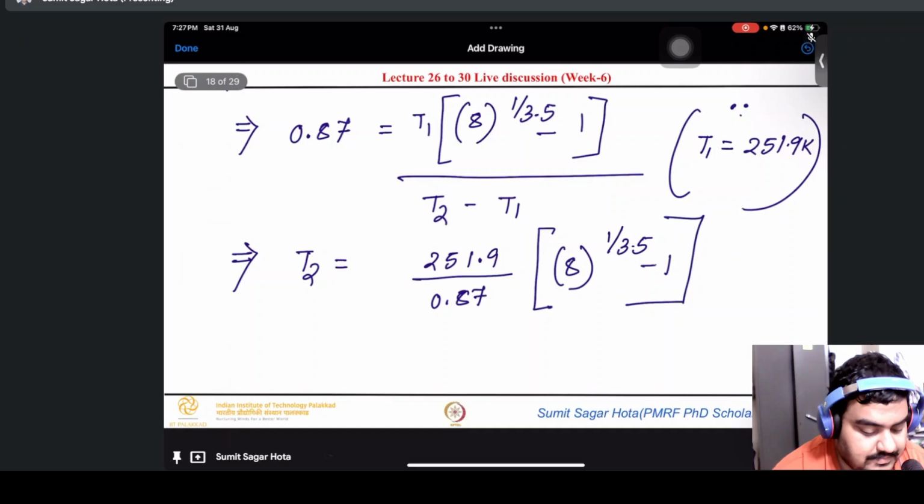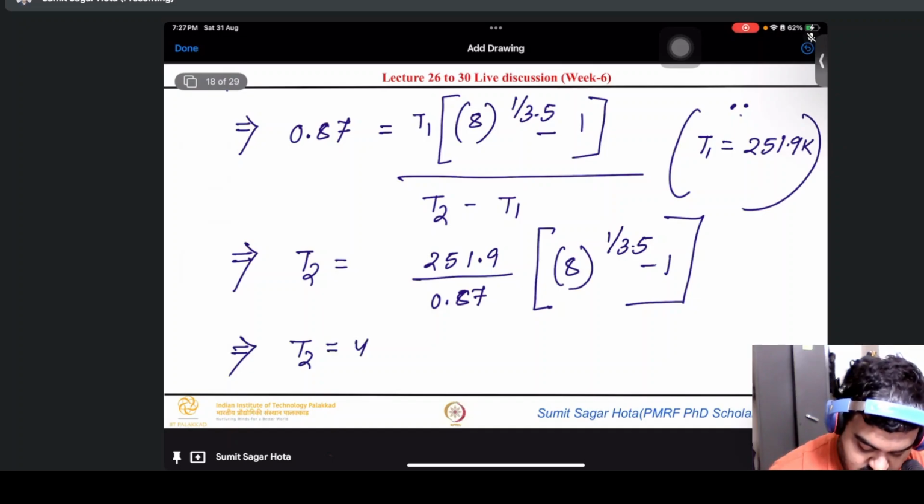So this is the case. Then we have to solve it and find out T2. By solving, we'll get T2 as 486.8 Kelvin.